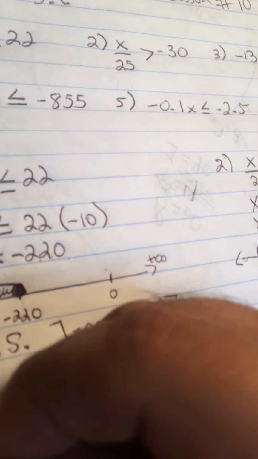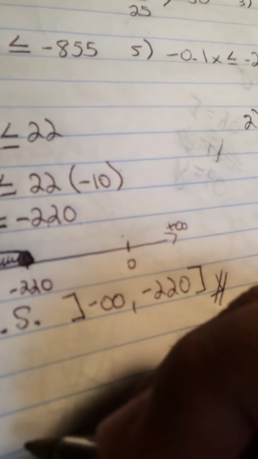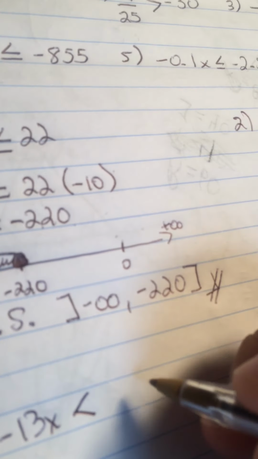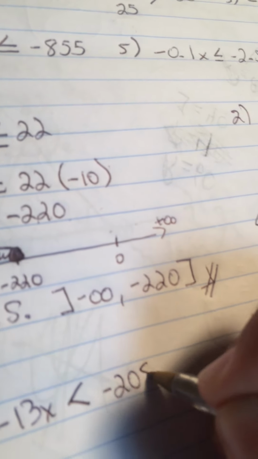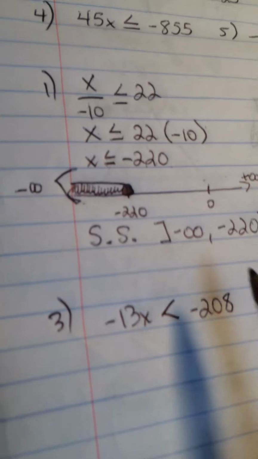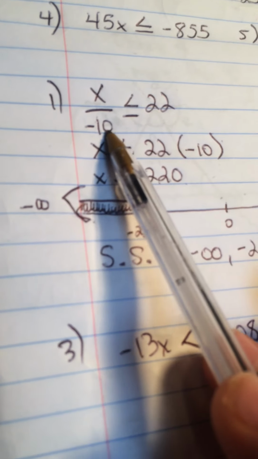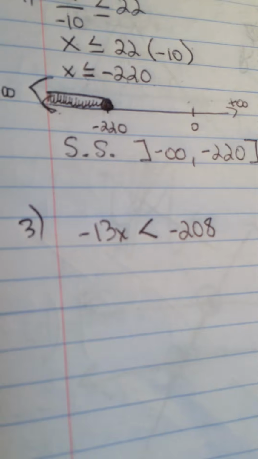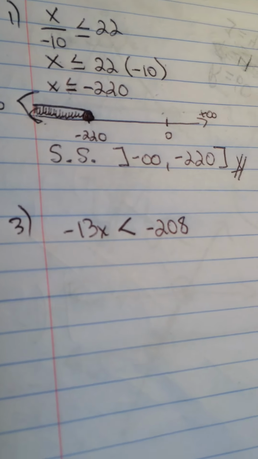Let's do the next one. We have negative 13x less than negative 208. This one is a little different because here we have multiplying instead of dividing. We follow the same procedure; the only thing is that now we have the opposite operation.